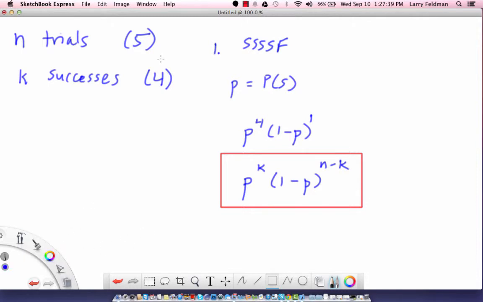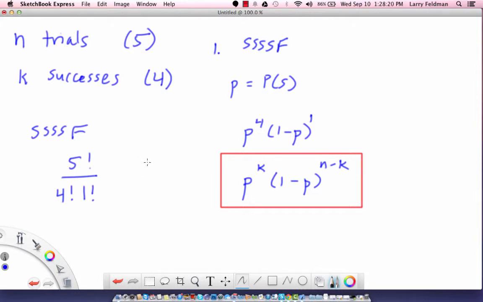Now, remember, with the basketball problem, we figured out that there were 5 different ways that the basketball player could make 4 free throws out of 5 attempts. So what we did there is we looked at this, 1, 2, 3, 4, 5, and we said there were 5 attempts divided by 4 successes and then 1 failure.